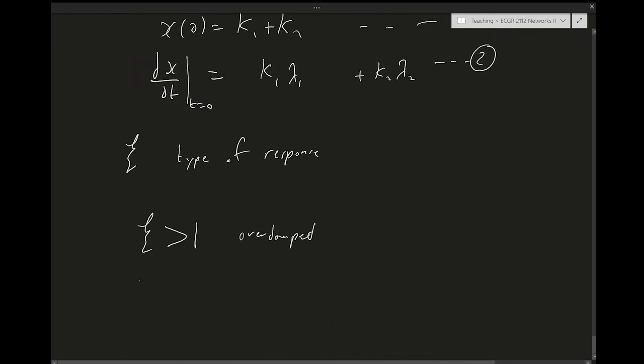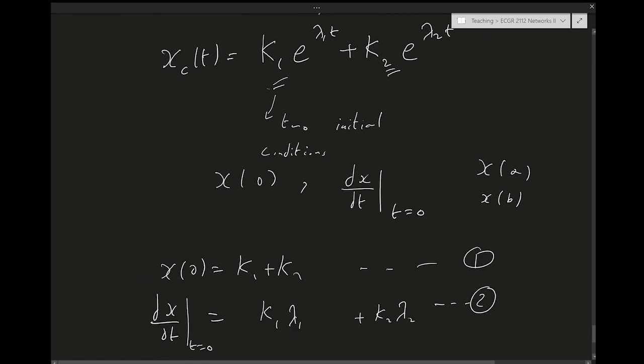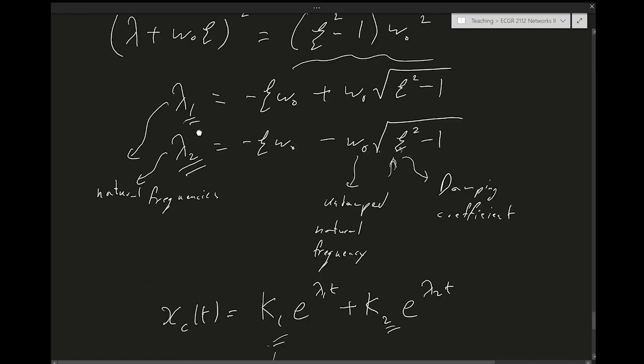Now when zeta is less than 1, we get an underdamped response, meaning we start to see oscillatory phenomena and the frequencies become complex. So zeta is less than 1. So this is less than 1 minus 1, which gives me a negative number. We end up with a complex natural frequency.